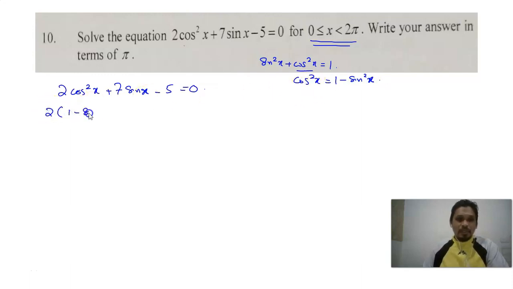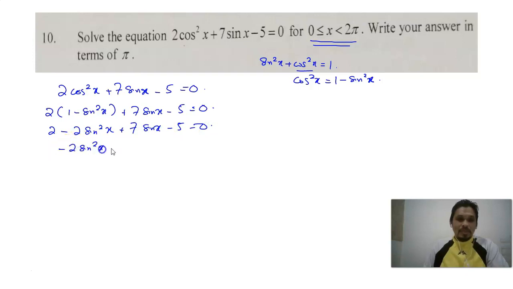2 times 1 minus sine square x plus 7 sine x minus 5 equal to 0. 2 minus 2 sine square x plus 7 sine x minus 5, then negative 2 sine square x plus 7 sine x, 2 minus 5 negative 3 equal to 0.